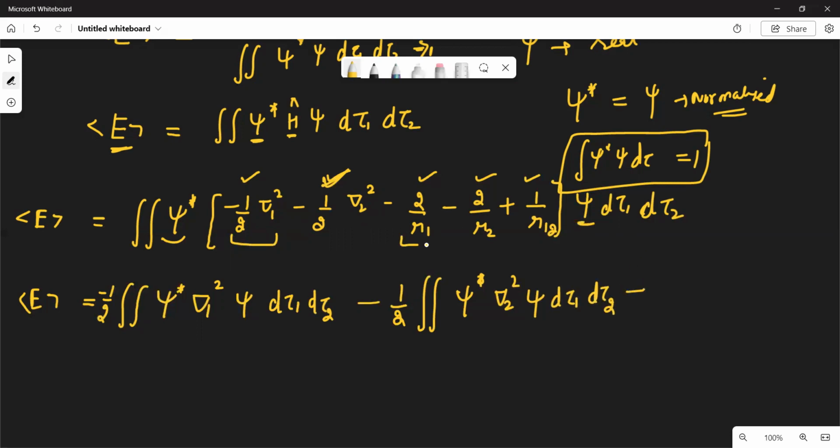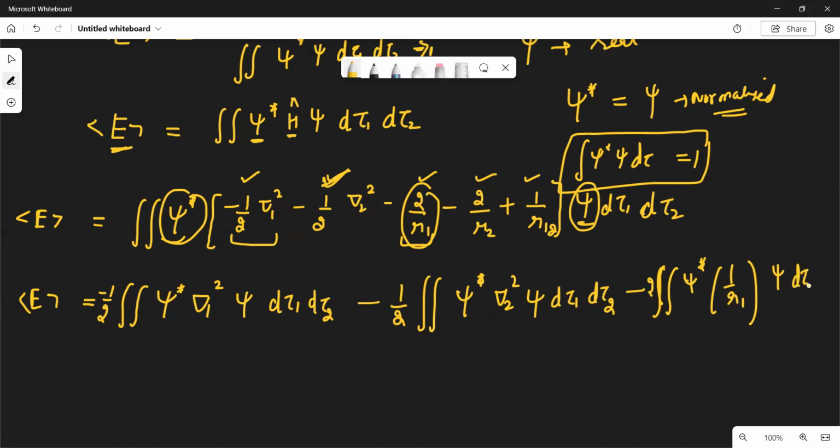Now write for the third. Again we have psi star, we have this term and we have psi. 2 I will write outside. This is psi star 1 by R1 psi d tau 1 d tau 2.